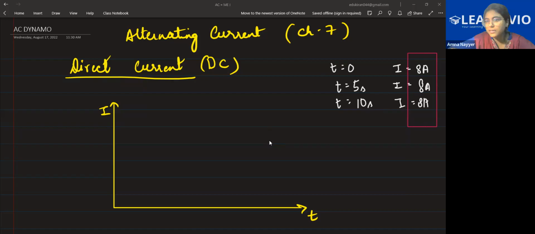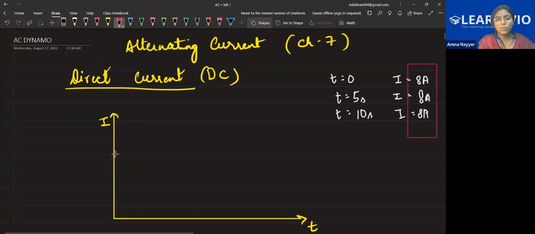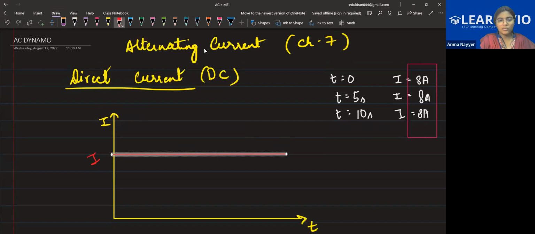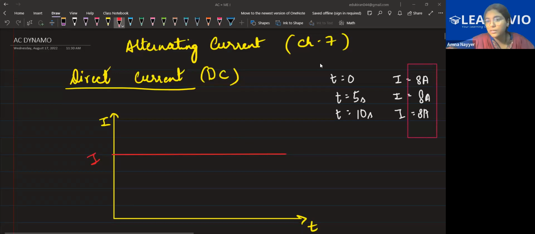Do you think when the time is increasing, current is increasing? Here, current's value is fixed at 0 seconds, 5 seconds, 10 seconds, 15 seconds. The value is fixed.